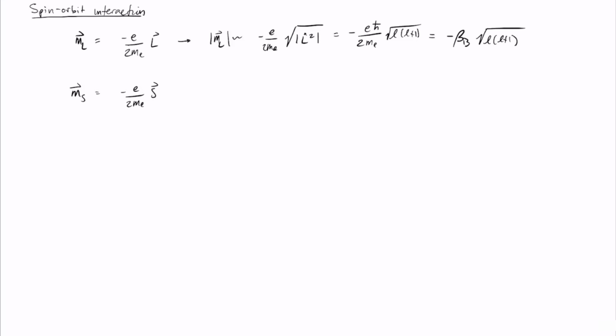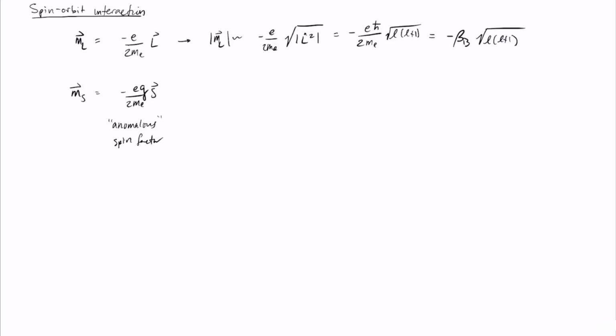This, however, turns out to be not quite correct. And what we need to do is we add this fudge factor, g. So this g was originally called the anomalous spin factor because it couldn't quite be explained based on known theory up until Dirac's theory fixed all of that.